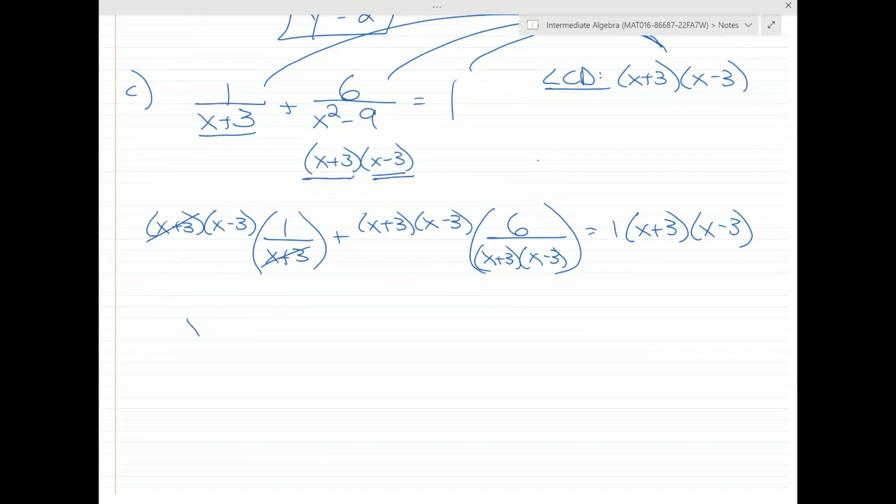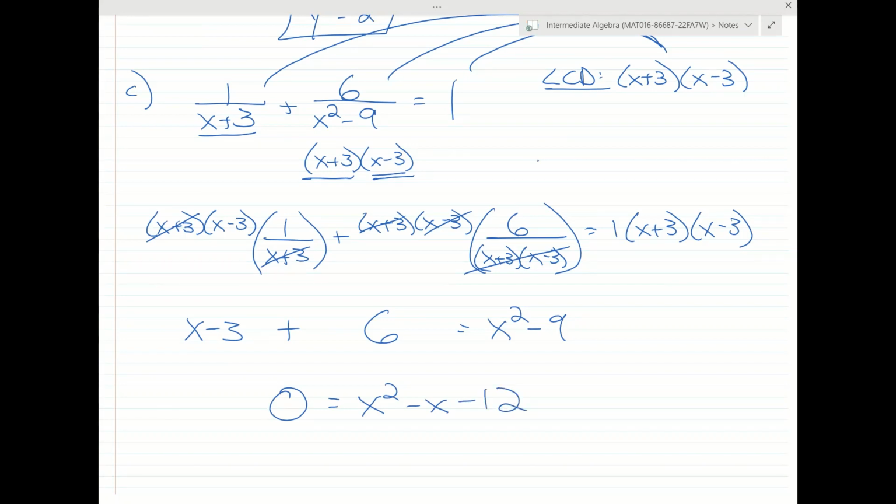We're just going to get x minus 3. These will cancel. We'll just get 6. And if we distribute this out, it'll be x squared minus 9. So getting everything on the same side gives us this. I'll just give you a second to get caught up if you're copying at home.